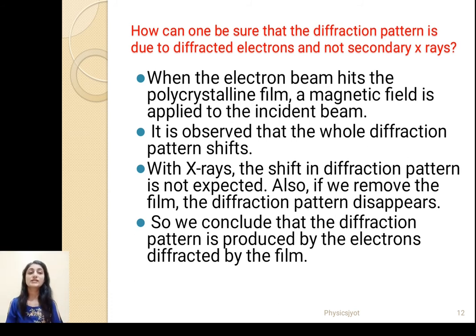With X-rays, a shift in the diffraction pattern is not expected. Also, if we remove the film, the diffraction pattern disappears. That shows the diffraction pattern is not because of secondary X-rays, but purely because of the electrons. So electrons are behaving as waves, and we are proving the wave nature of particles.